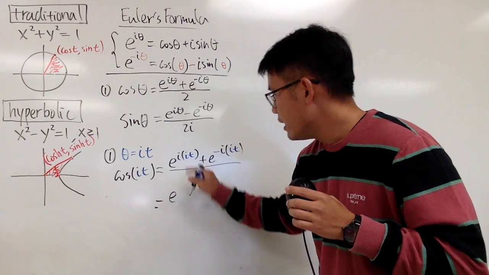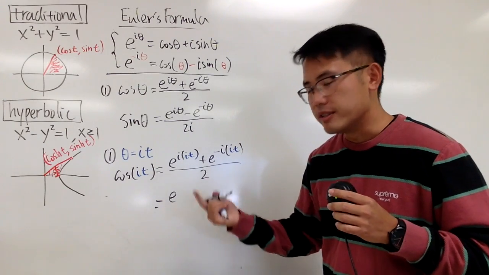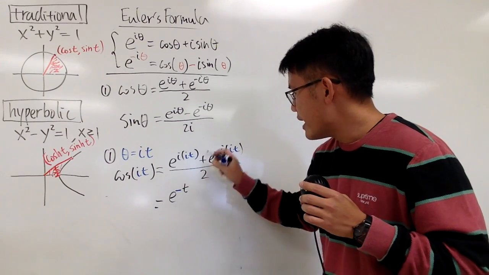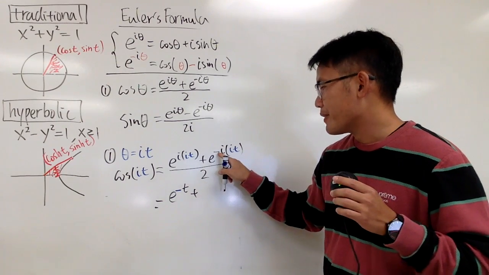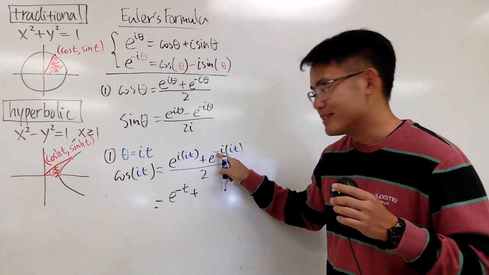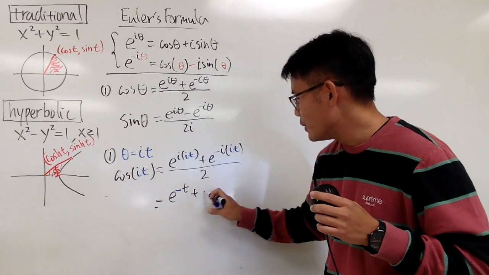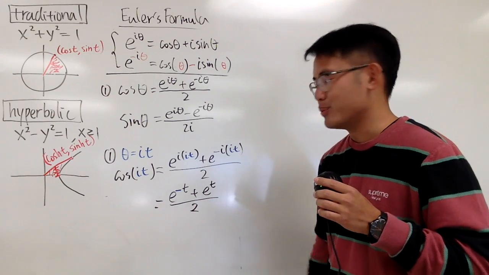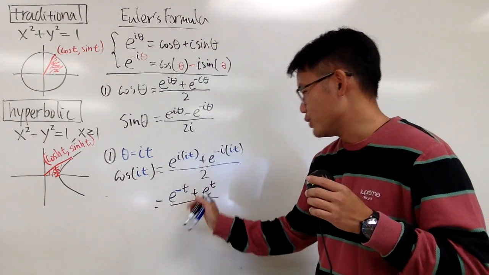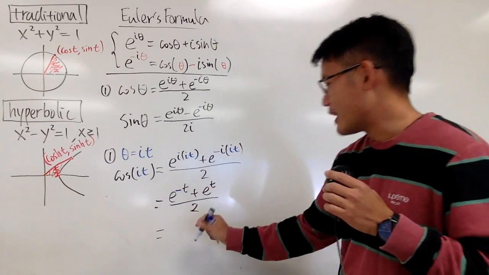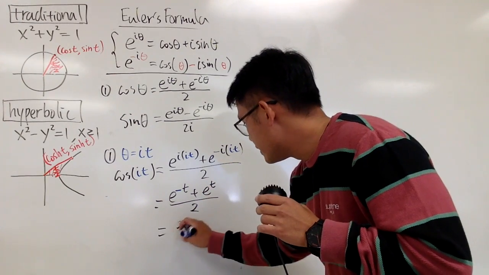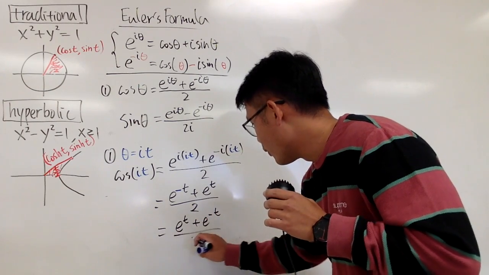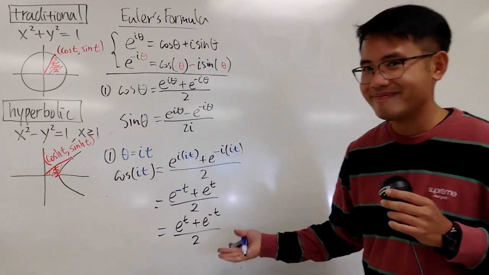Here we will have e, i times i is i squared, which is -1, so I just put that as negative, and then t is t, and then we add it with, now, i times i is -1 times another negative is positive, so here we just have e to the positive t, and then this right here divided by 2. And if you would like, you can switch the terms on the top. It becomes e to the t plus e to the -t all over 2, like that.